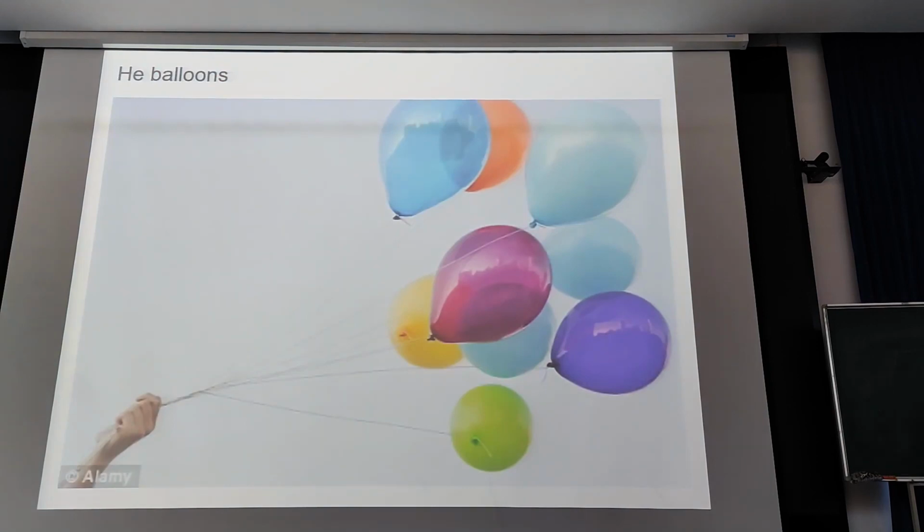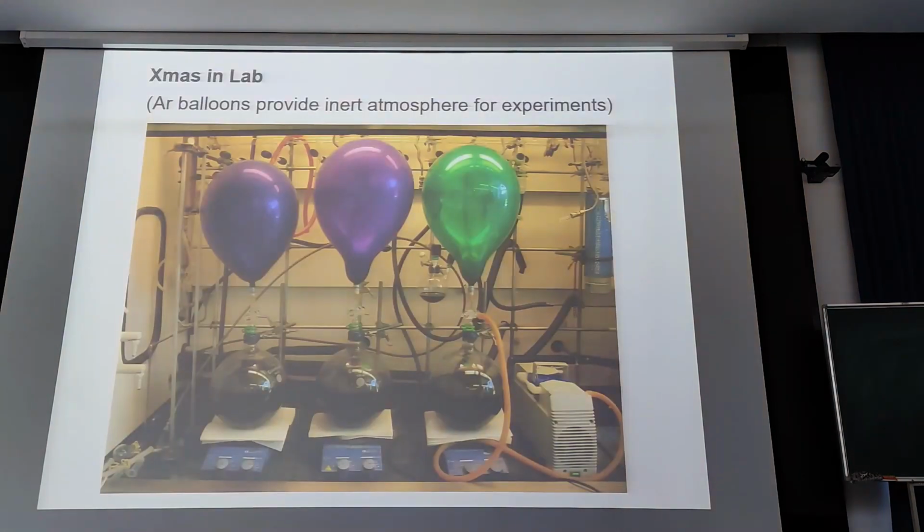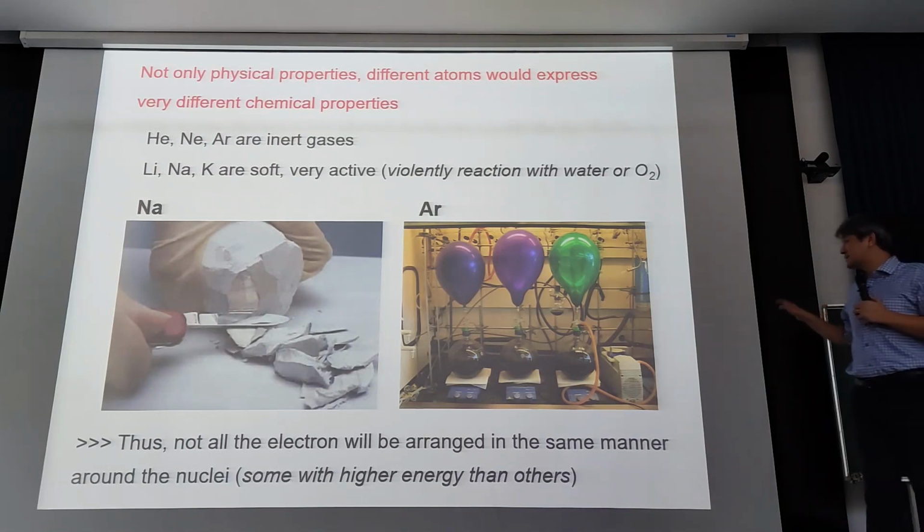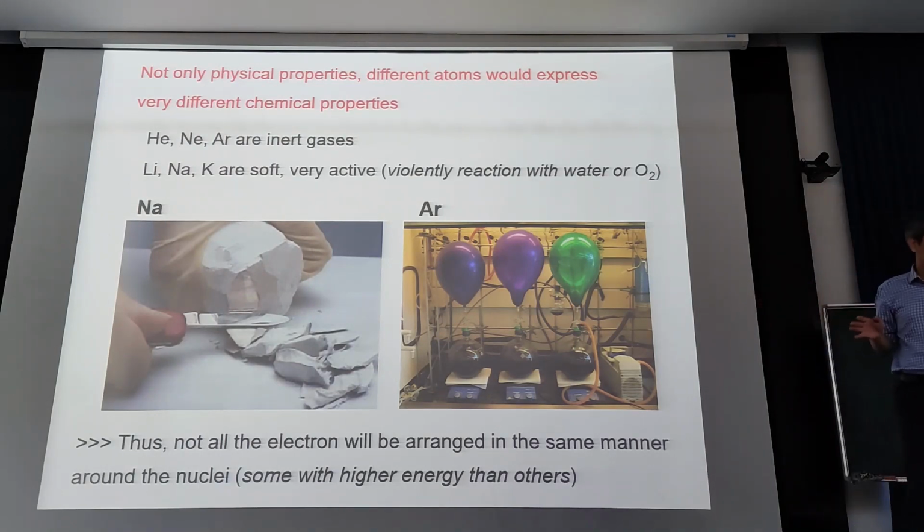It will have all the beautiful balloons, but they will fill with the inert gas, helium, because they are extremely stable. That's something you can see in the lab. So, the conclusion, the remark will be, not all the electrons will be arranged in the same manner around the nucleus. Some at the lower energy and other at the high energy make different in terms of chemical reaction.